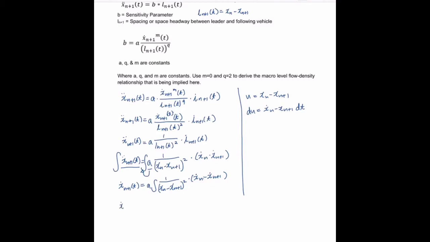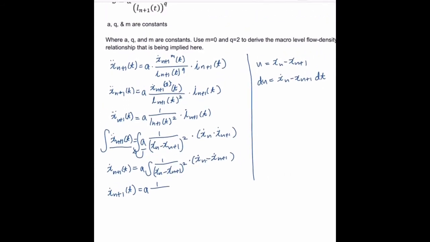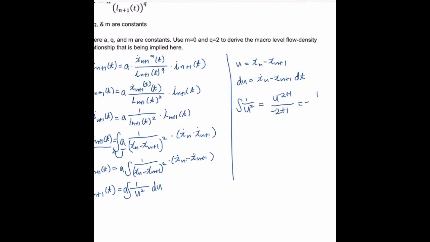So this follower's speed equals A times the integral of 1 over u squared du. And the integral of 1 over u squared is u to the negative 2 plus 1 divided by negative 2 plus 1, which is equal to negative 1 over u.